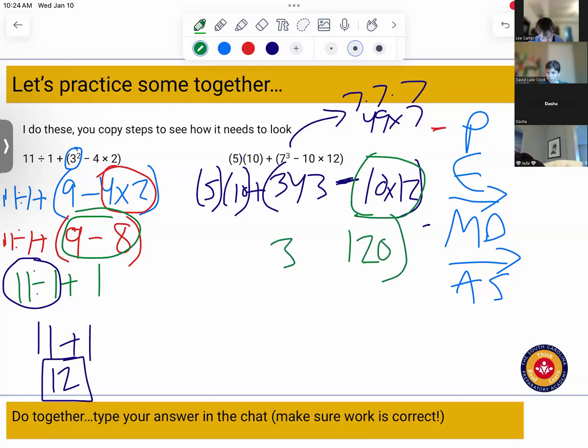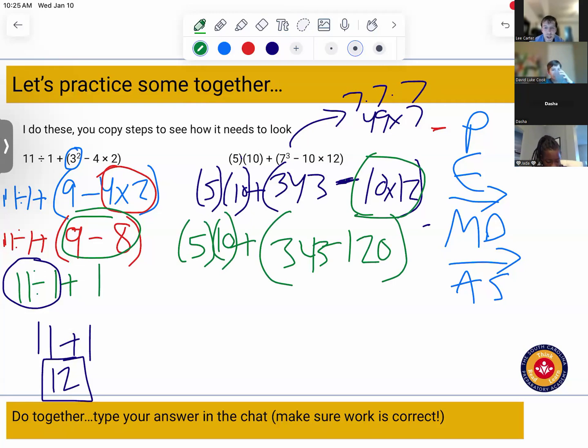Okay, we rewrite the rest of that one. 343 minus 120. And then we have these parentheses over here. But what I want you to notice about these parentheses, these with the 5 and the 10, that's just 5 times 10, okay? That's not an actual separate parentheses work because this means 5 times 10. There's nothing going on inside the parentheses, okay?